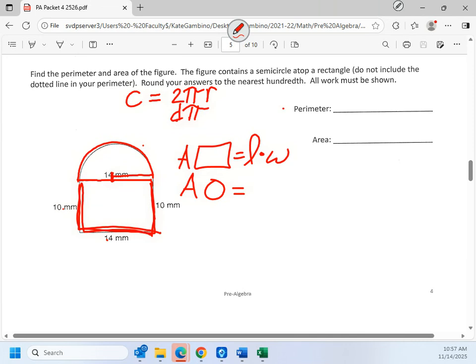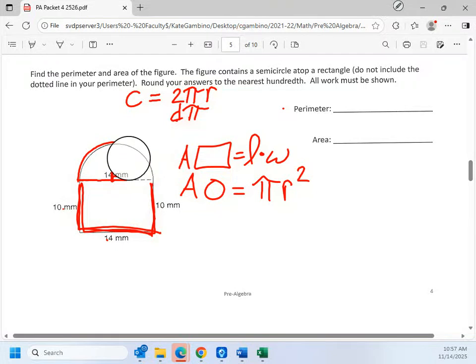Is it pi times the radius squared? Yes. Pi times the radius squared. That is for the full circle's area. So you need to find that and then divide it by 2 because it's a half circle.